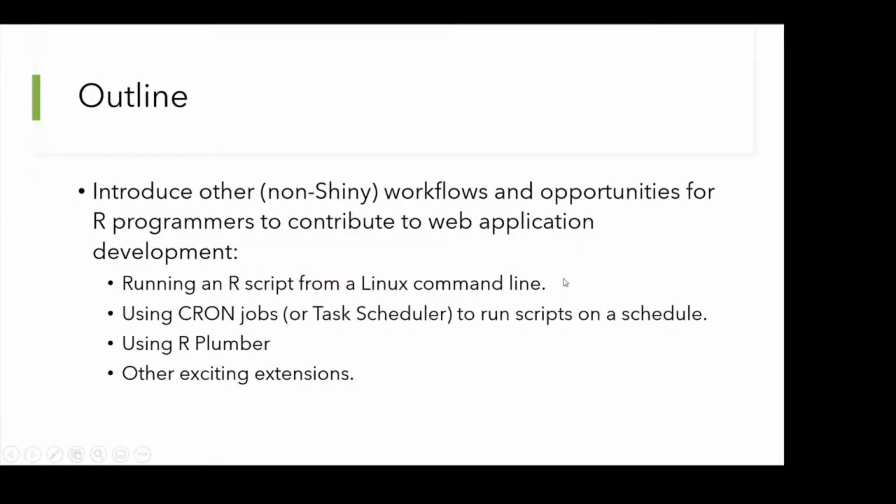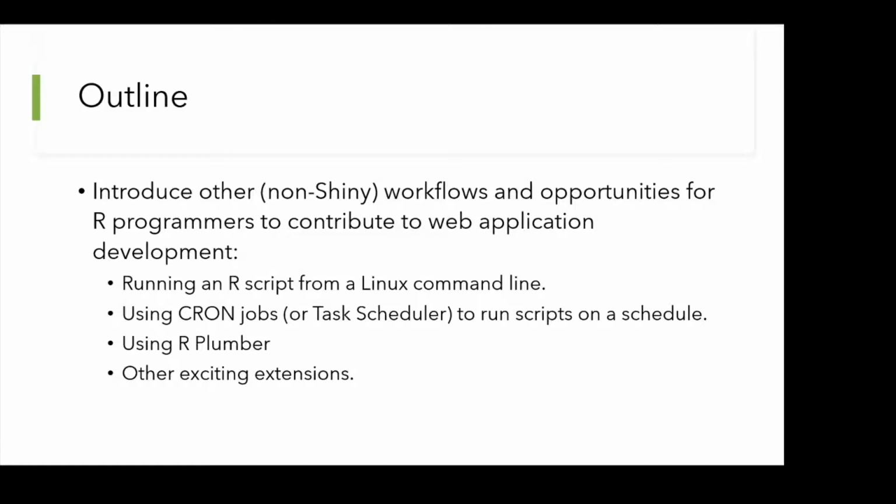So the outline here, I'm just going to introduce some non-Shiny R workflows for opportunities for R programmers to still contribute to web application development. Specifically, we'll start with running our script from a command line, then thinking about using a task scheduler, so it's running cron jobs on a fixed time interval, so it could be hourly, weekly, daily, and so on.